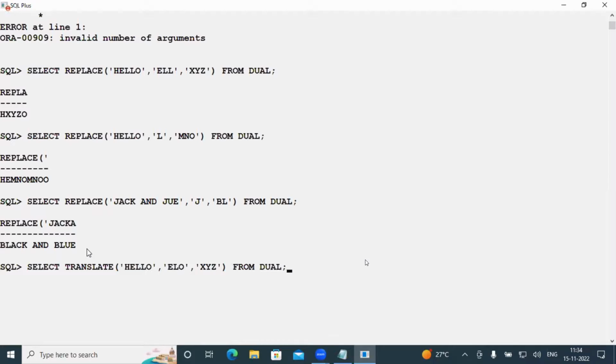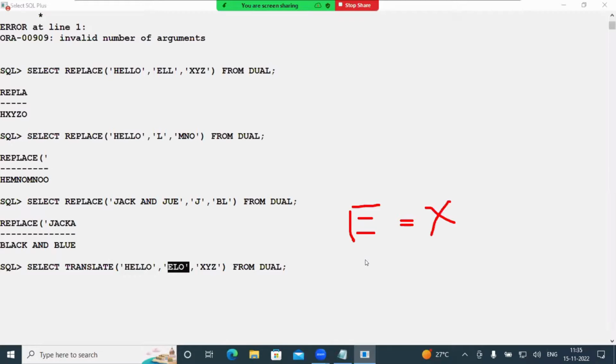So how will translate work? It is not string to string changing here. Each character will be taken. In place of E, it will take X. In place of L, it will take Y. So each character will be substituted here. In place of O, it will take Z.